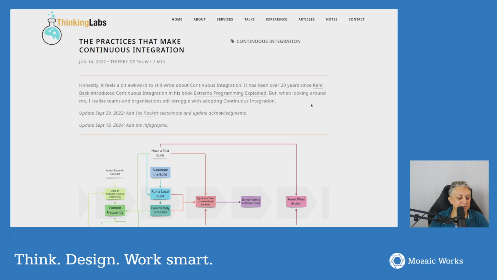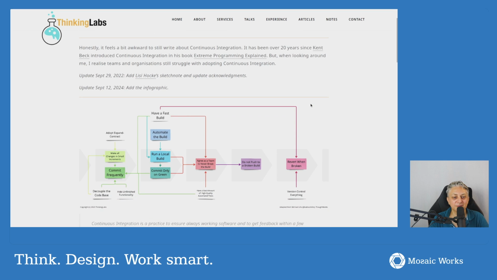And many teams are doing some form of continuous integration right now, but I'm not sure that they adopt all the practices that Thierry is describing here. And this is where I find it interesting to kind of review them and see how they fit into a developer cycle.